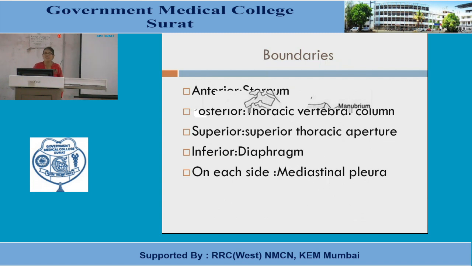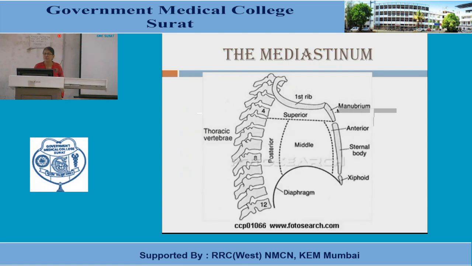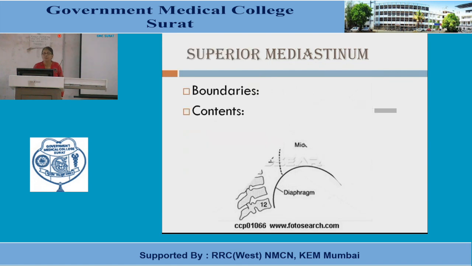This mediastinal pleura forms the boundary of the mediastinum on each side. We will frequently revisit this diagram for the boundaries and the various parts and divisions of the mediastinum.